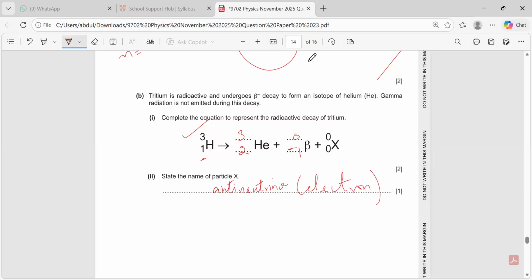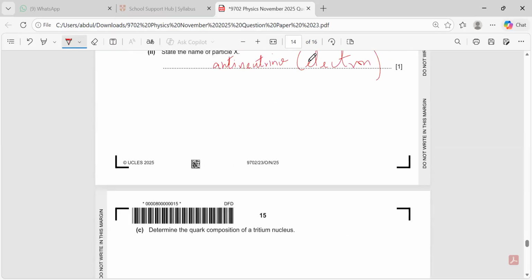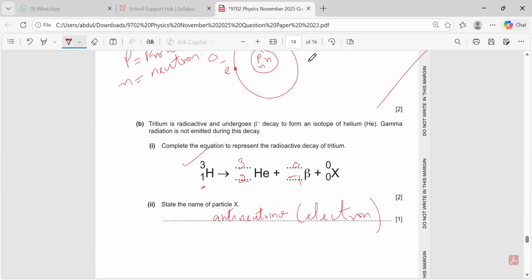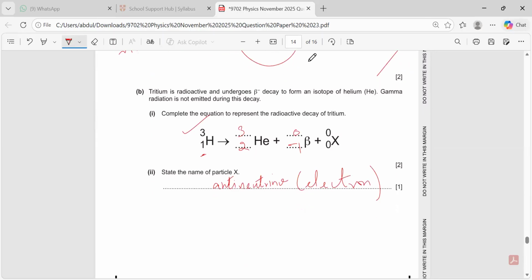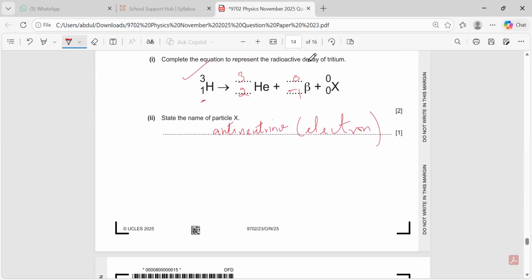Simple as that. Now, my dear, next is, if it was a positron, it was a neutrino only, an electron neutrino. But here they said it is a beta particle. Beta plus, then electron neutrino; beta minus, antineutrino or electron antineutrino.